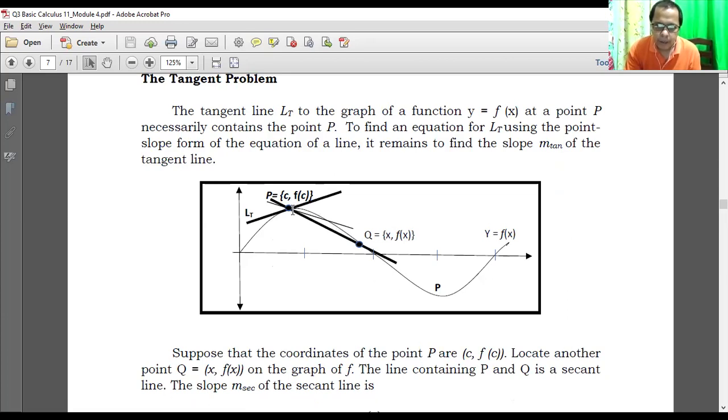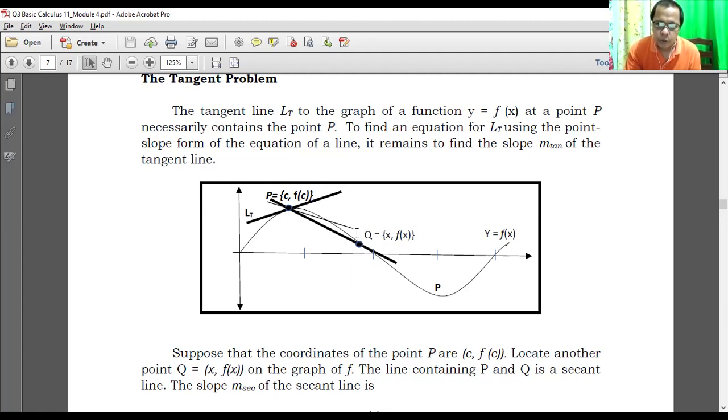Naa siyay equivalent nga mga secant lines diha, hantod nga mopadulong siya sa point P. Okay, and remember nga if this Q mag-approach gani siya sa P, therefore we could say that x also is approaching to C, tama? X is approaching to C.